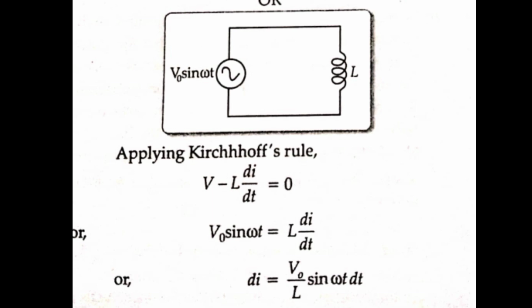Here we have to find the current, right? So for getting that current, we can rearrange to get the di. So what we will get? di is equal to V0 by L into sin omega t dt. Okay, so if di is equal to V0 by L into sin omega t dt, how can we find I?